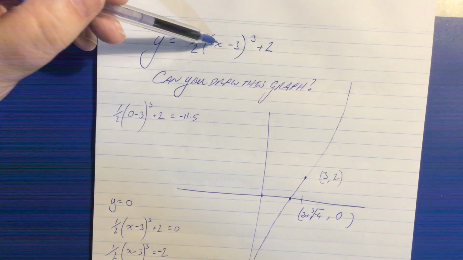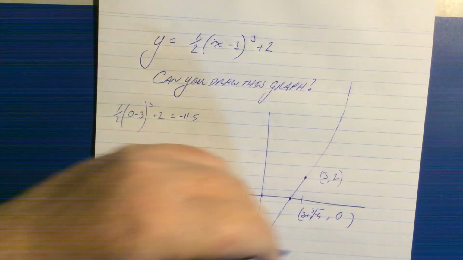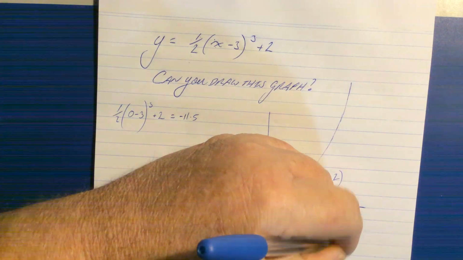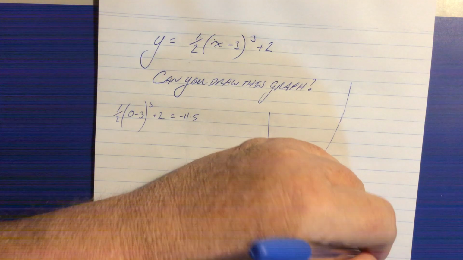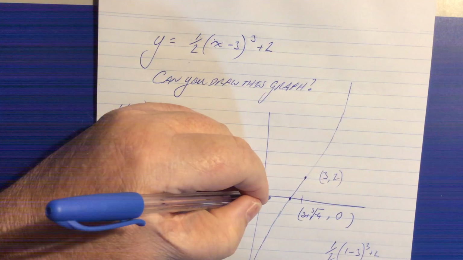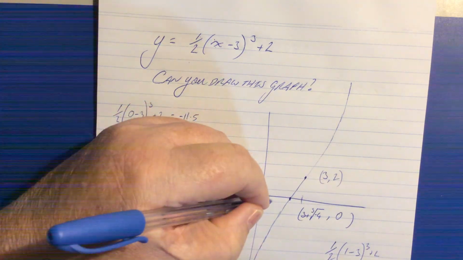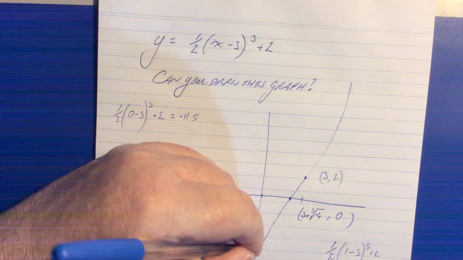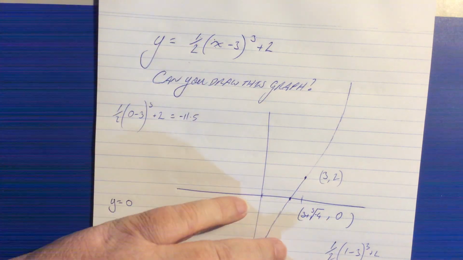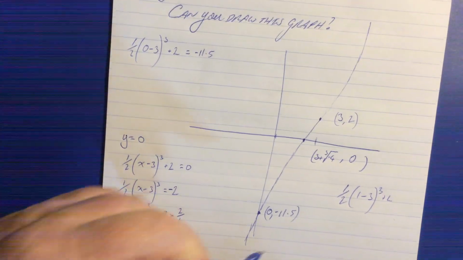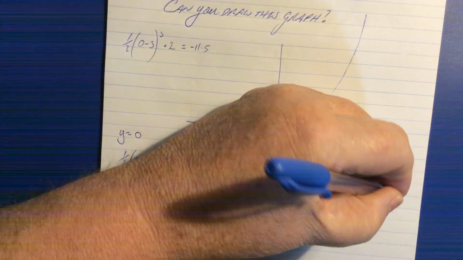So what I'm going to do is make x equal 1, in which case we have 1/2 times (1 minus 3) all cubed plus 2. And that's going to give us something around here, I suspect. We're just going to work out this using a value of 1. What does that come to?